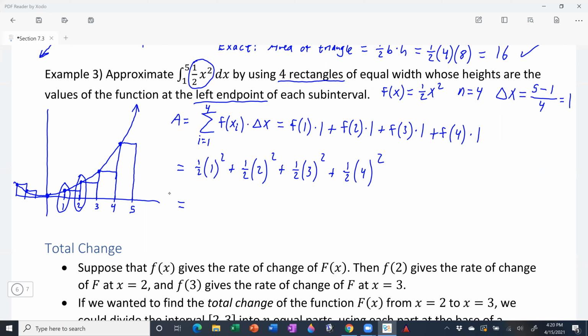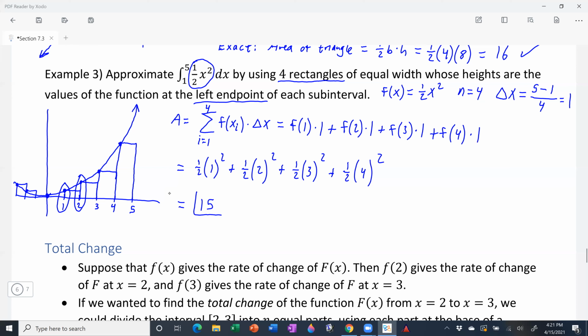Okay, and then we've got 1/2 times 3 squared plus 1/2 times 4 squared. And so I got 15. Is that right? 1/2 plus 1/2 times 4 plus 1/2 times 9 plus 1/2 times 16. I got 15 exactly.